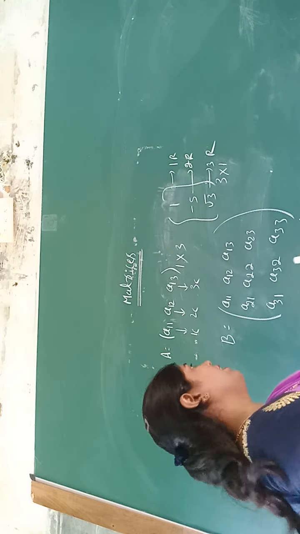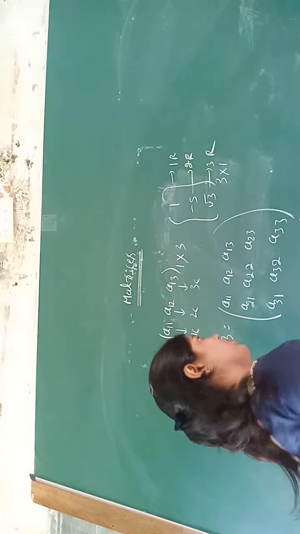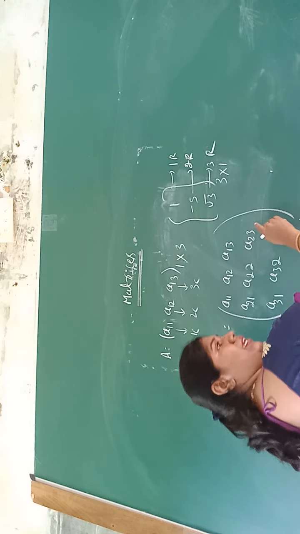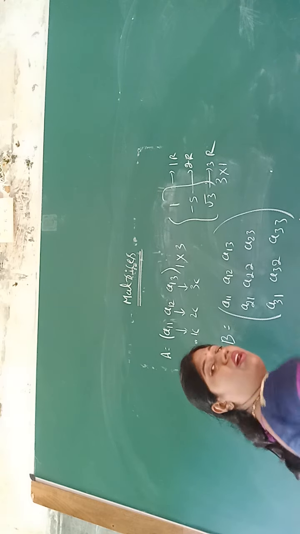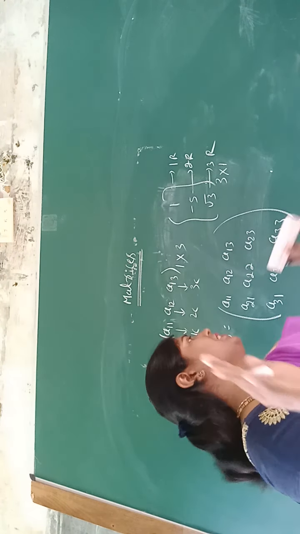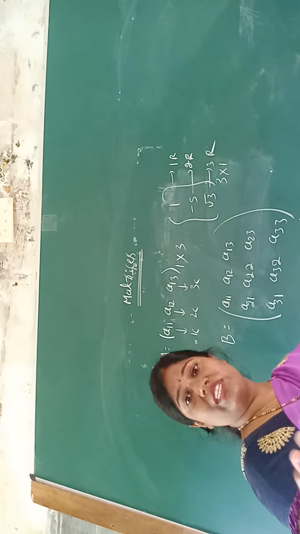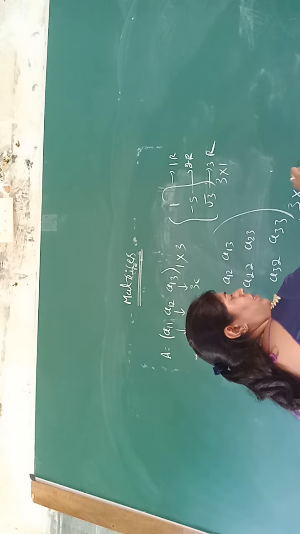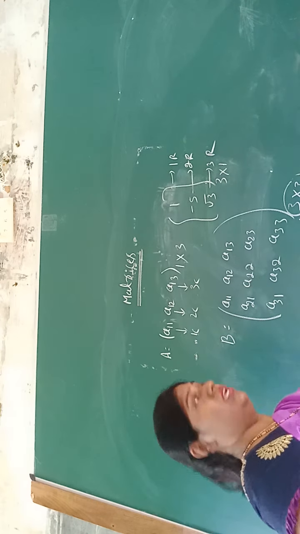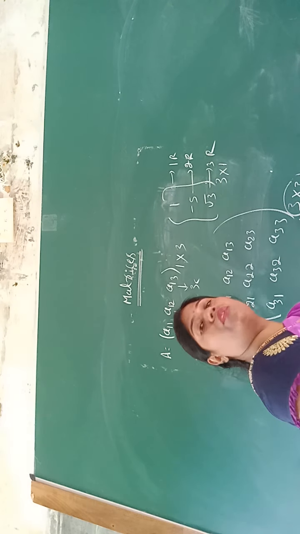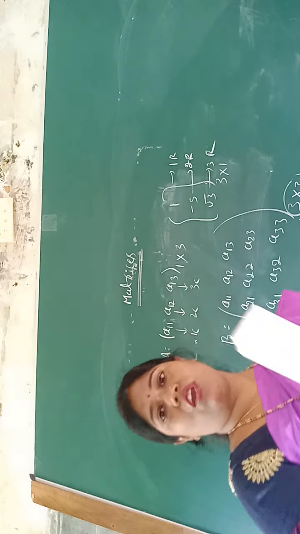There are 3 horizontal lines: these elements form the first horizontal line, here the second, and this one the third. Similarly, how many vertical lines? There are 3 vertical lines. Therefore, the order of the matrix is 3 cross 3. While writing the order of a matrix, we have to write the number of rows first, then the columns.